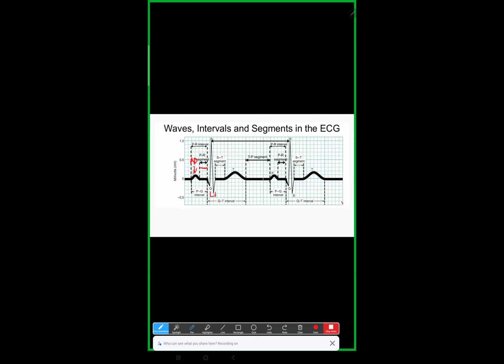Then we have the QRS wave, which is basically the ventricular depolarization. And then this QT interval is the time between the QRS depolarization and this T wave, which is the ventricular repolarization. So this QT interval basically indicates the time it takes for the ventricle to contract, or ventricular systole. I hope that's clear.